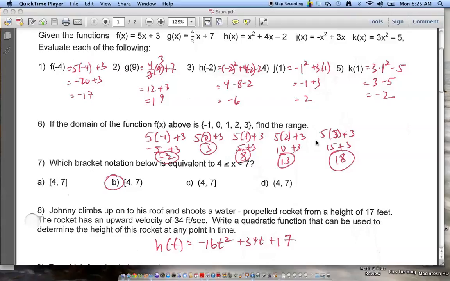You'll get it in a couple of minutes. Yes? Number 3, because isn't it negative to the second power? Don't you negate it? You square it, then negate it. Yeah, so it would be negative 4.